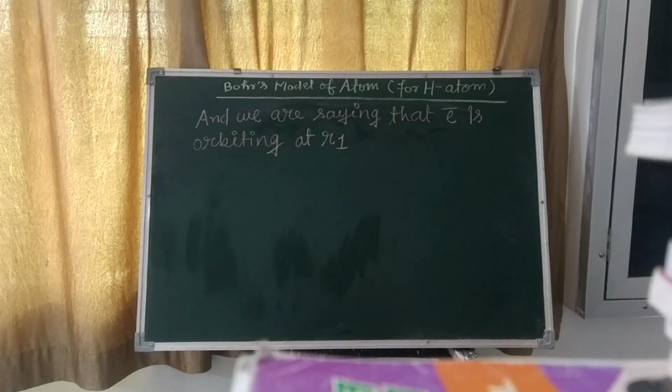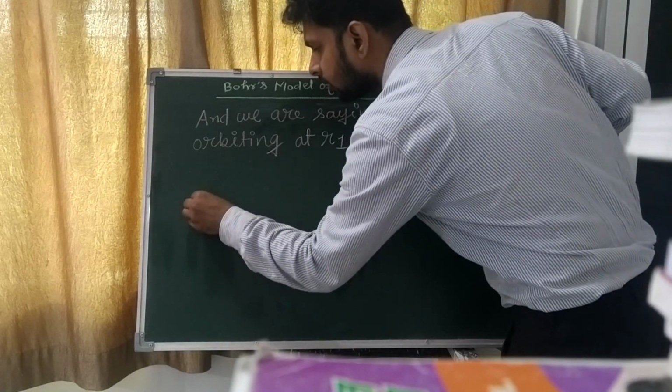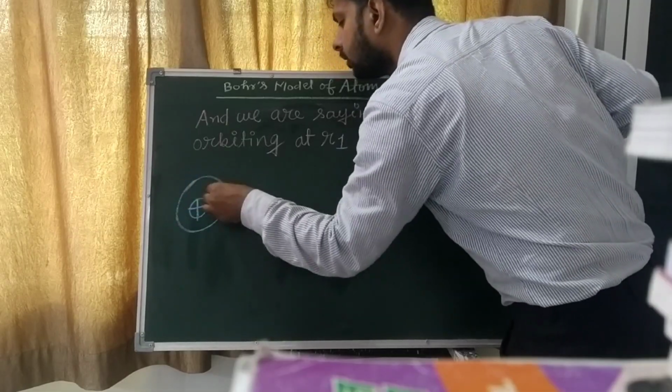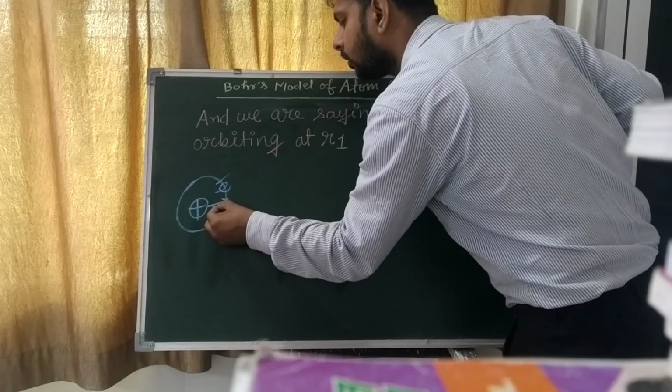So students, if we have considered one electron in the first cell, the electron will orbit the nucleus in the first cell at the radius R1.